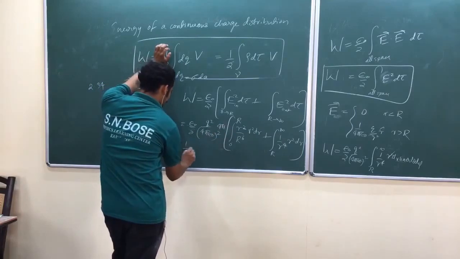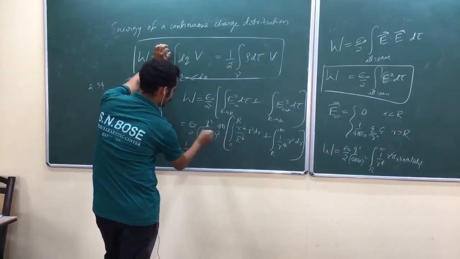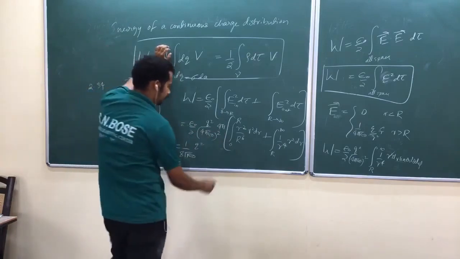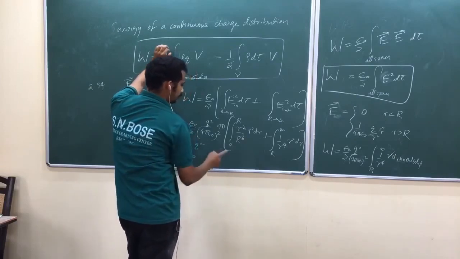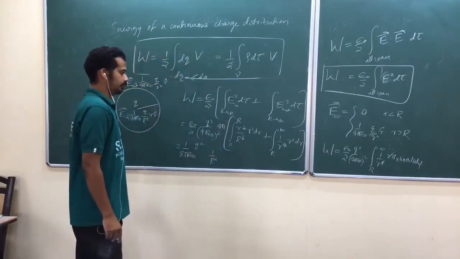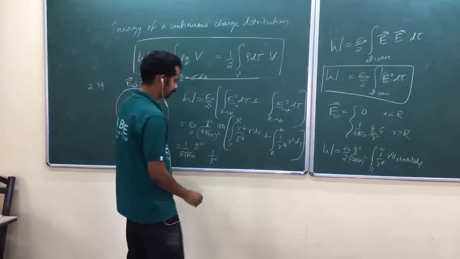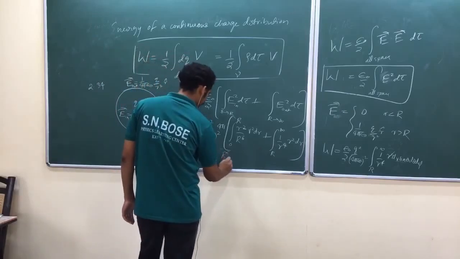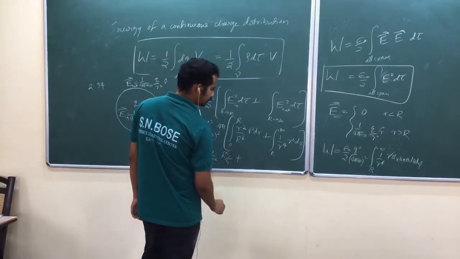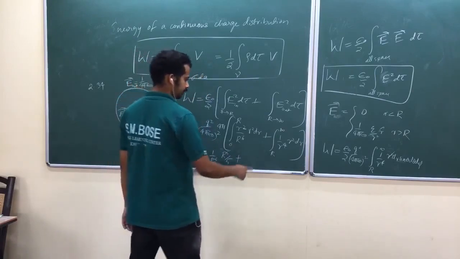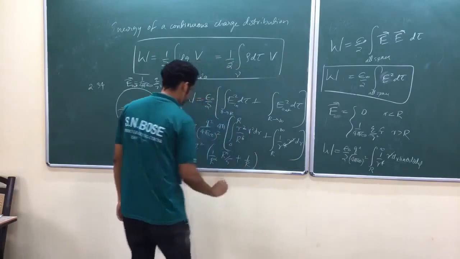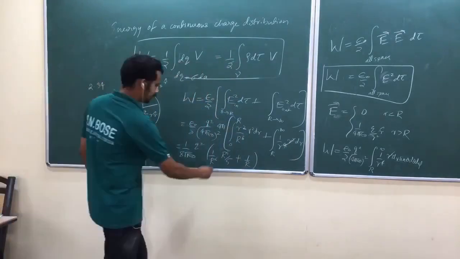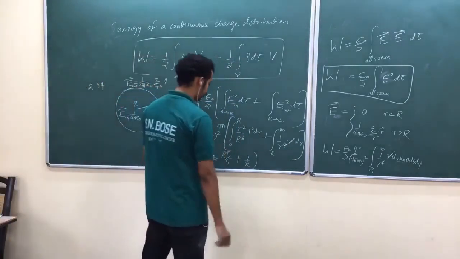Now this is 1 by 8π epsilon naught as earlier. Q square, 4π, one more epsilon naught here. What is this one? Any idea? 1 by R power 6, R power 5 by 5, plus 1 by R. Ultimately, it is 1 by R common, 1 by 5 plus 1.